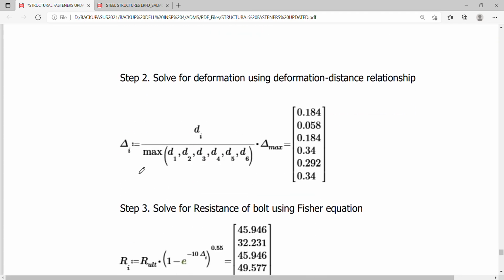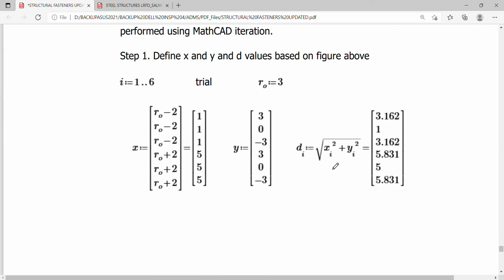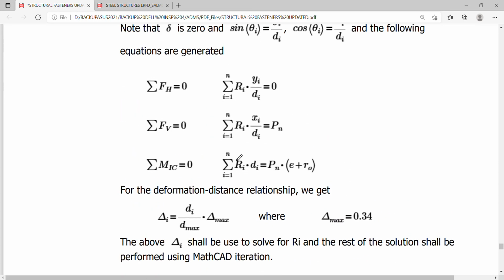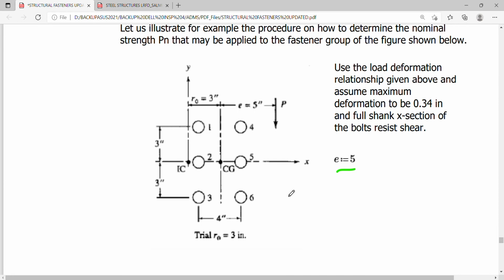For step 2, you make the proportion. So these are my distances, okay, based on the xi's and the yi's. Okay, so take note before I forget that x and y's are reckoned from the instantaneous center, not from the center of gravity. Okay? So if I have here my figure and I assume a value of 3 here, okay, my xi's are simply, this is my axis, okay?